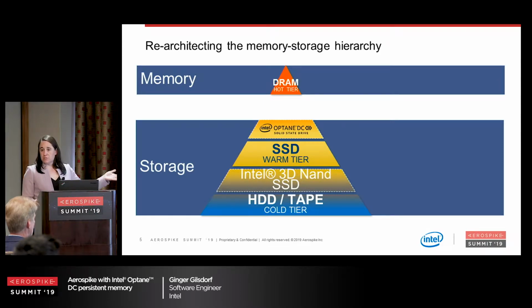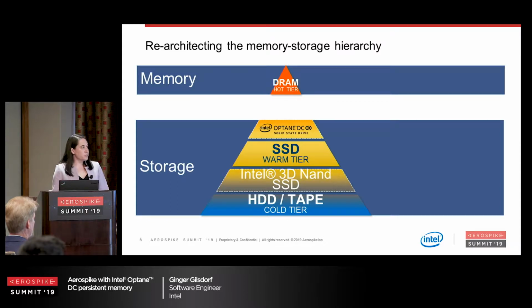Our storage tier has gotten much more diverse over the years, starting down with hard disk drives, tape, very, very affordable, but who's going to sacrifice that much time in their application? And then, all the way up to the Intel Optane DC SSDs.